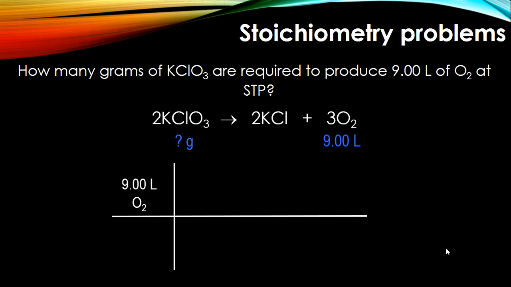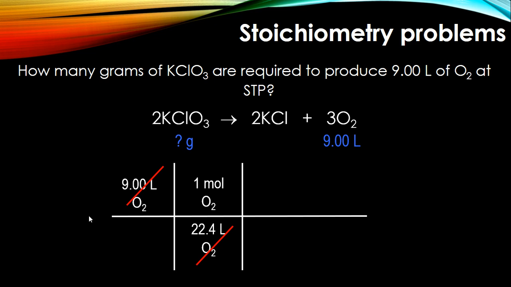So I'm going to put my given 9 liters of oxygen right here. And remember, if I want to cancel out liters of oxygen, it goes on the bottom. So liters of oxygen, liters of oxygen. And I know that 22.4 liters of oxygen is equal to 1 mole. Again, this is my conversion factor.